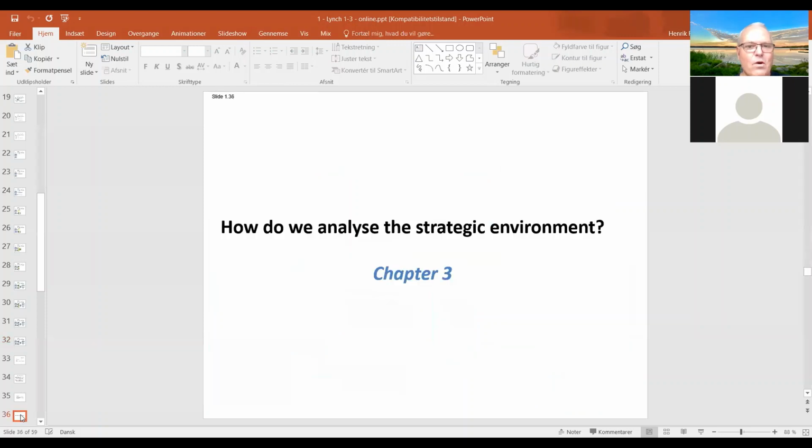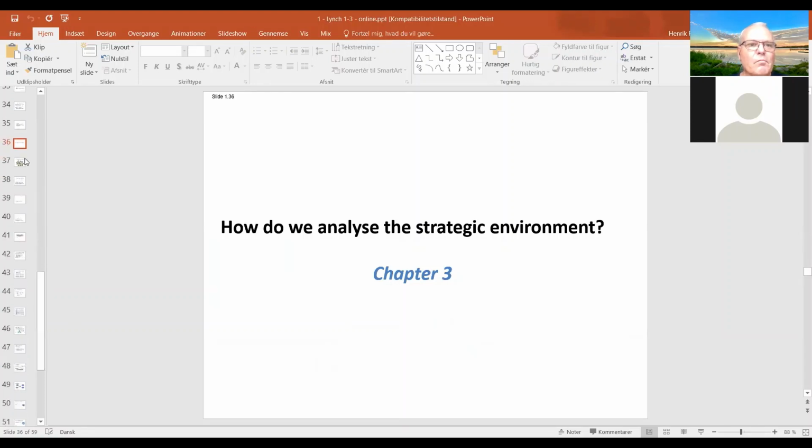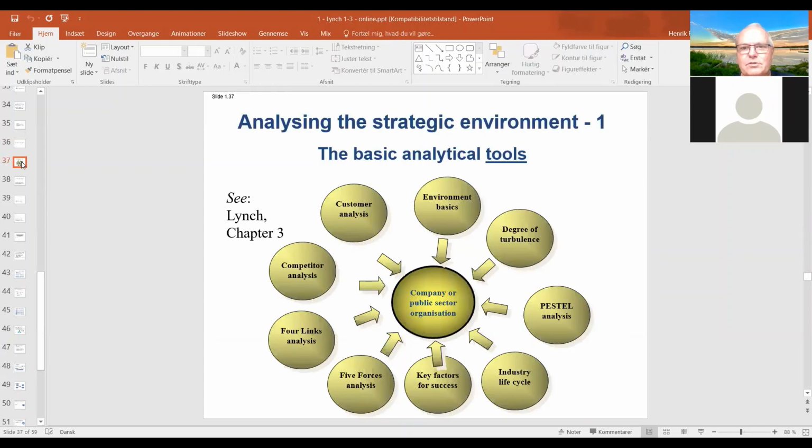Good. So how do we analyze our strategic environment? Well, according to Lynch, we have these basic tools here in order to analyze the environment that we are entering. And please again remember that we have different environments.